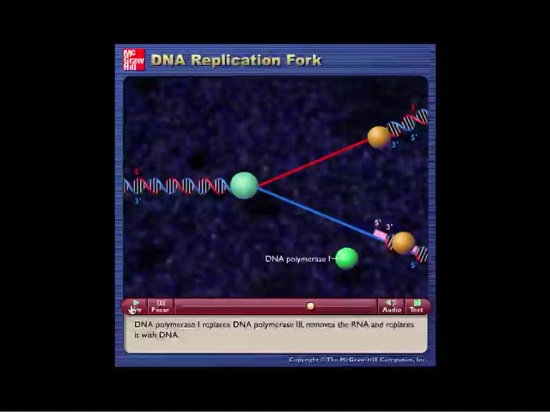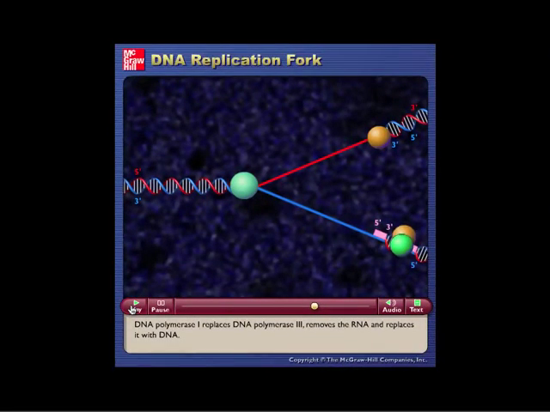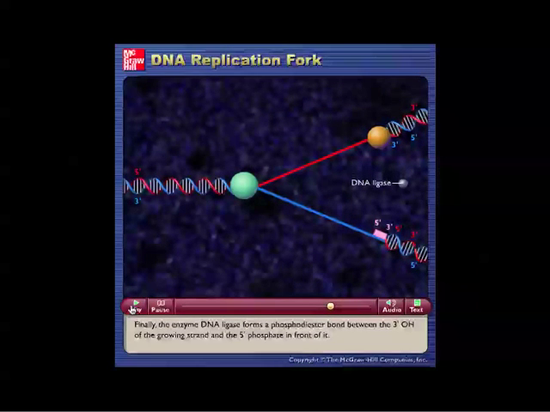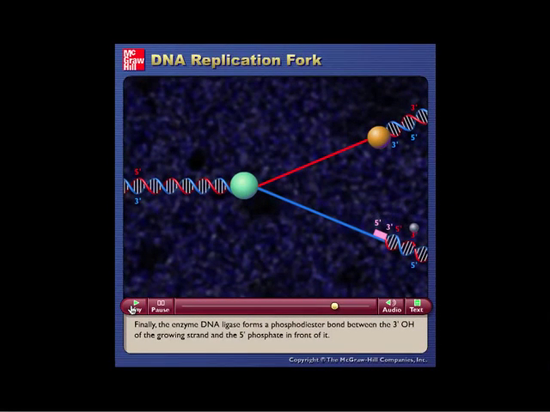DNA polymerase I replaces DNA polymerase III, removes the RNA, and replaces it with DNA. Finally, the enzyme DNA ligase forms a phosphodiester bond between the 3' OH of the growing strand and the 5' phosphate in front of it.